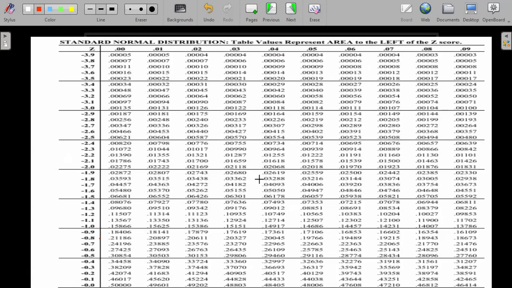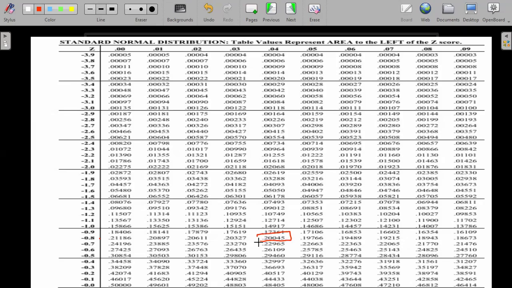So we are looking for a number that is very close to 0.2. You just look for a number that is very close to 0.2 here. Let's try this one.